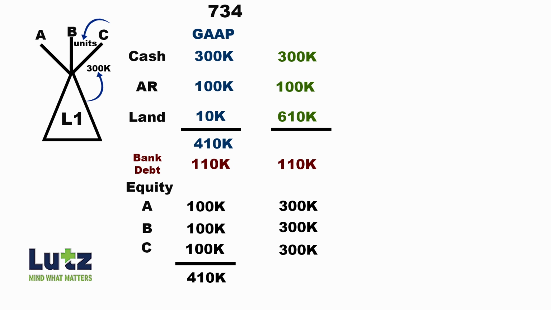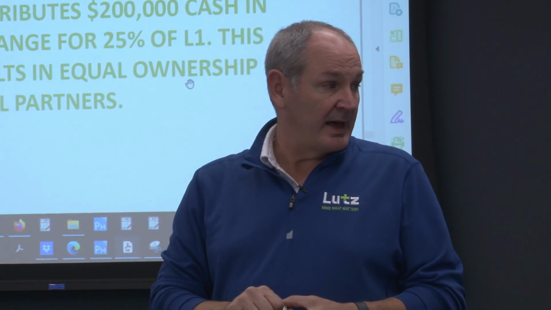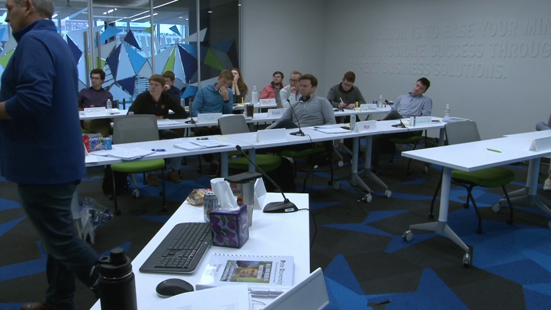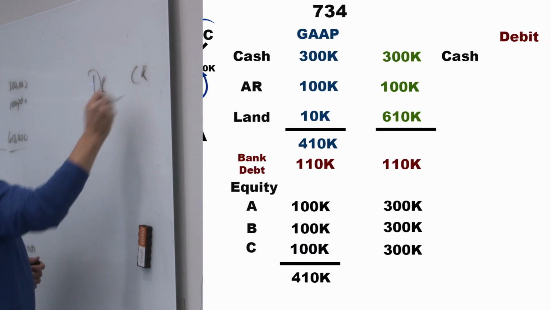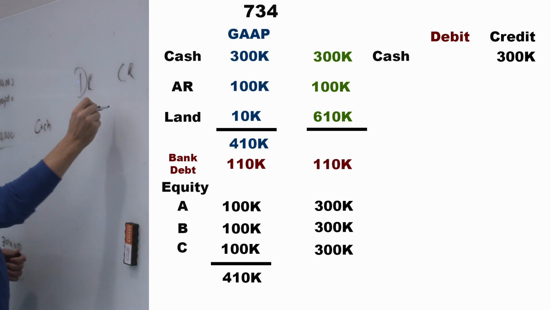What's the entry to take out C? C's equity is worth how much? 300,000. So how much cash do we have to use to buy out C? 300,000. So that would be a debit to cash or credit to cash? Credit. Cash was how much? 300,000.